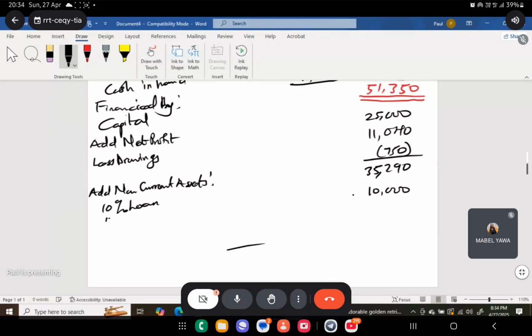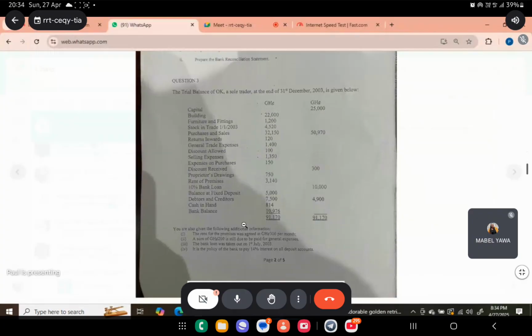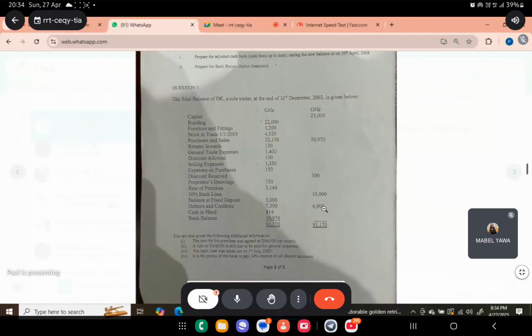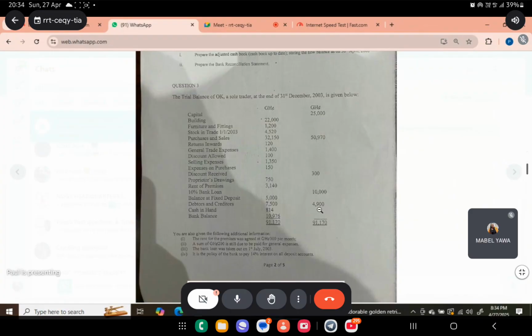So we add current liabilities. And the current liabilities we have are payables, which is also known as creditors. So the creditors figure, so debtors and creditors. So 4,900 because it's a liability.